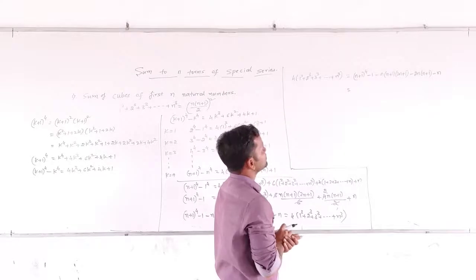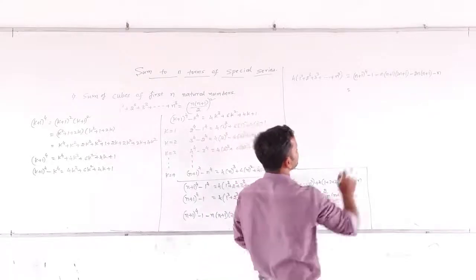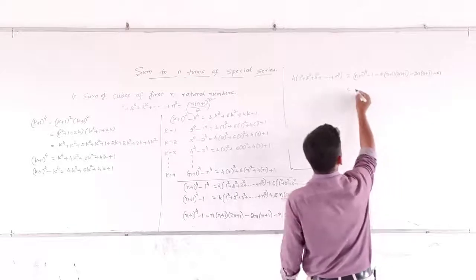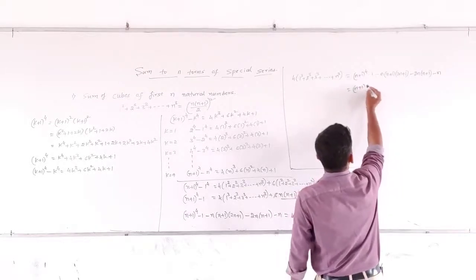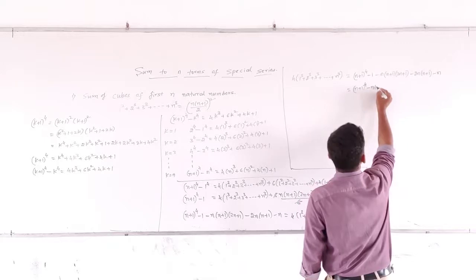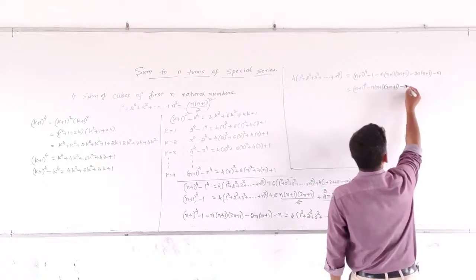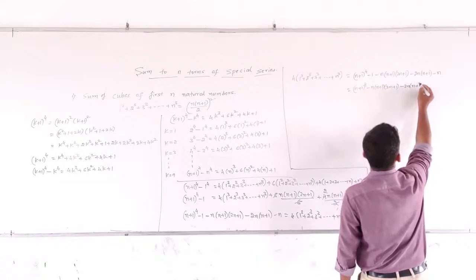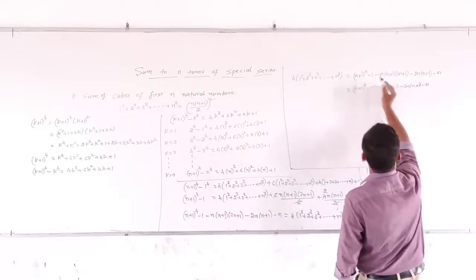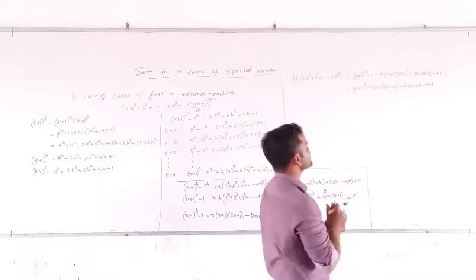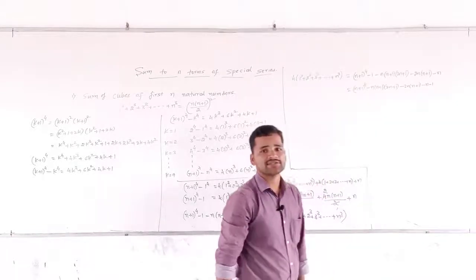Here you can take the common. What is common there? This minus 1 and n I will write together so that we can have the common. (n plus 1) raised to 4 minus n into (n plus 1) into (2n plus 1) minus 2n into (n plus 1) minus n, and I am writing this minus 1 here. What is common? You see, n plus 1 I can take common from all the terms.